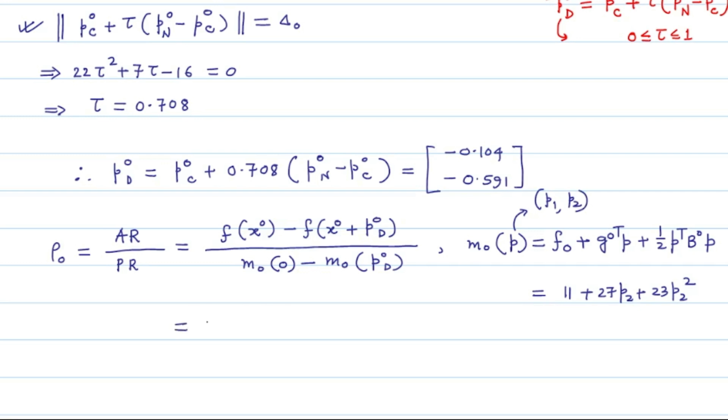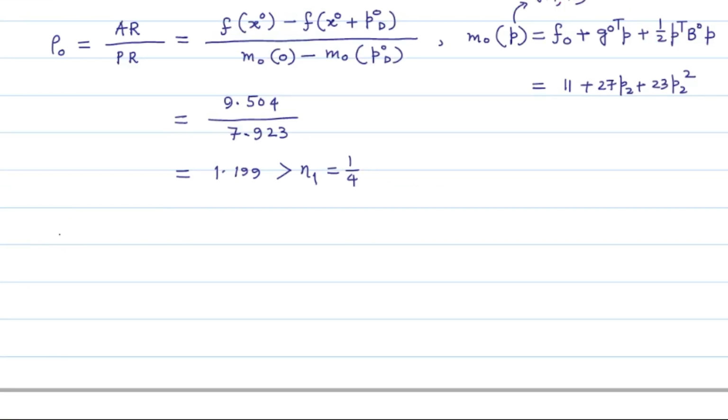and accordingly we obtain the value of the reduction ratio as 9.504 divided by 7.923, which is equal to 1.199, which is greater than the threshold, and therefore the next iterate is given by x1 equals x0 plus p_0^D, which is equal to... Now to revise the trust-region radius, we need to check whether the reduction ratio value is bigger than the happy threshold or not.